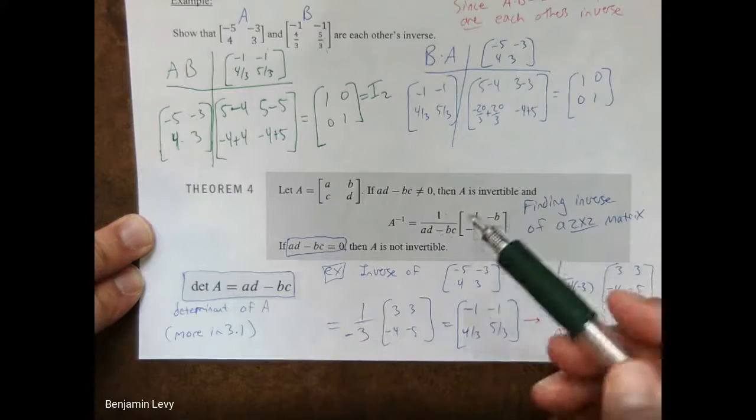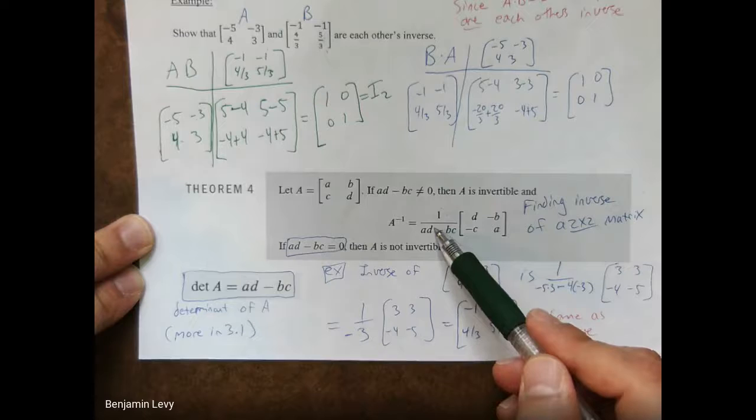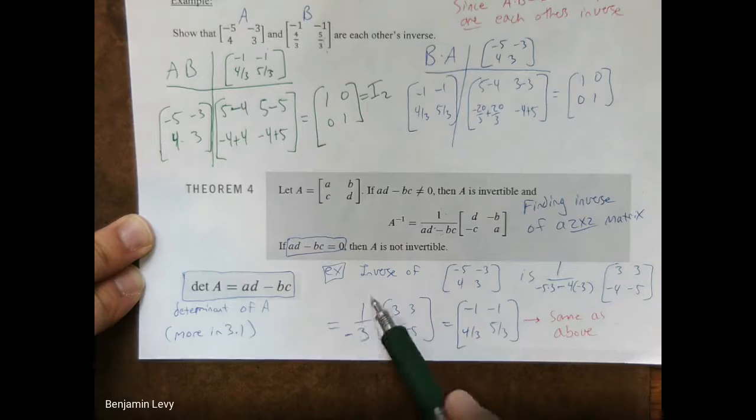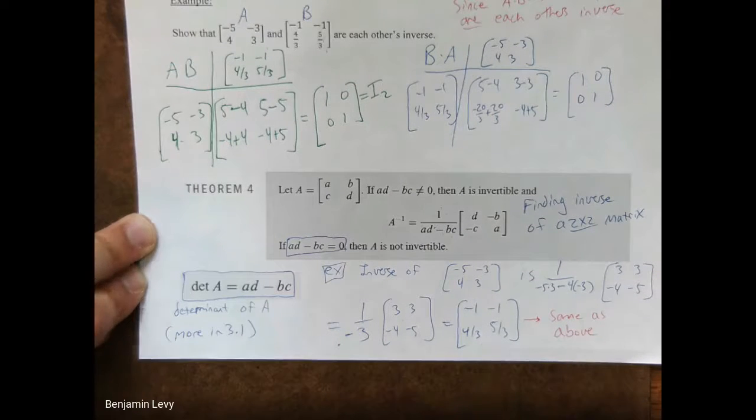And so you do 1 over AD minus BC, which in this example ends up being minus 1/3. You switch the entries, switch the signs, and what this ends up doing is just dividing everything by -3. So that's how we get to the same answer.